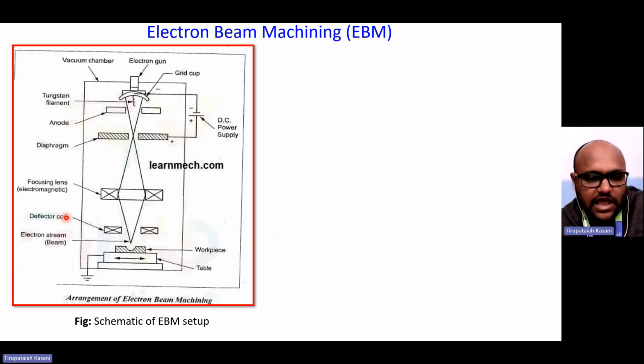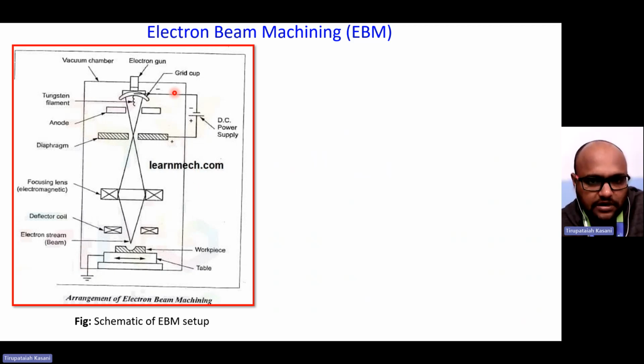Then this deflection coil will help us move the focusing point of the electron beam to here. This is the deflection coil which controls the location where the electron beam falls over the top surface of the workpiece.